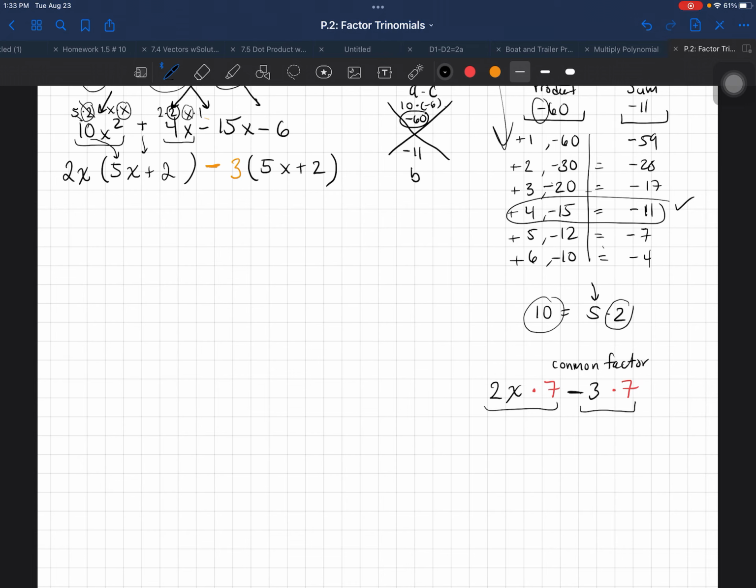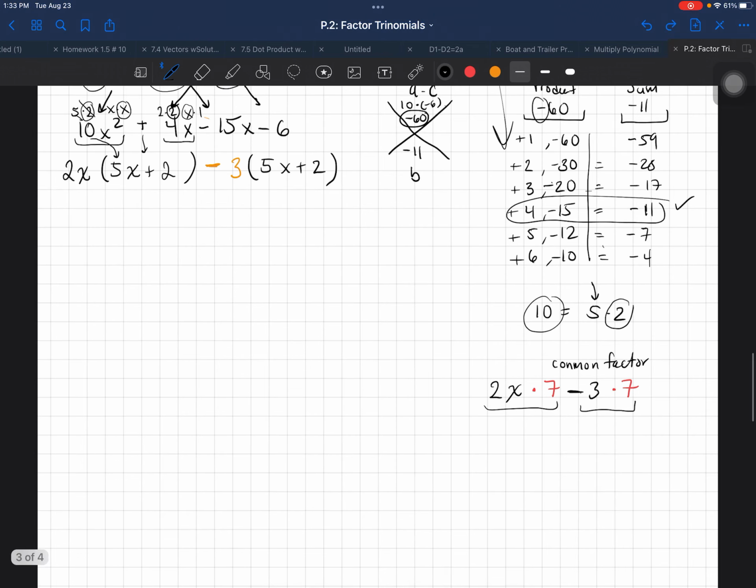If you factor out that 7, what's left behind is these two numbers. So you're left with 2x minus 3, but what you need to remember is that you need to group them together.